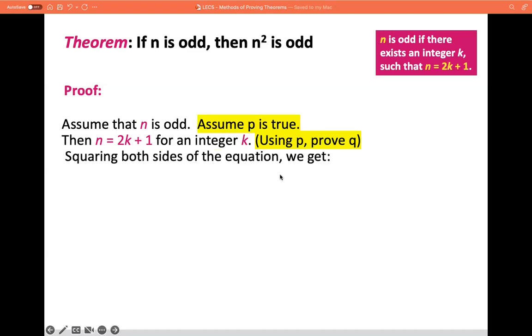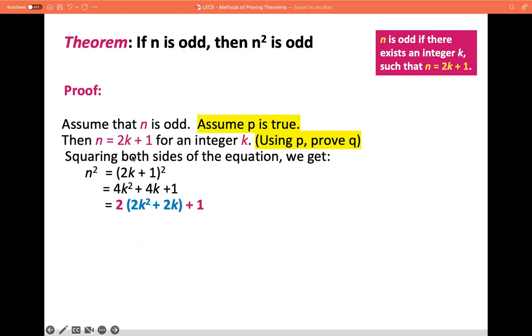Squaring both sides of the equation, we get n squared is equal to (2k plus 1) quantity squared. Okay, so we simply square the 2k plus 1. And then using simple algebra, we arrive at 4k squared plus 4k plus 1.